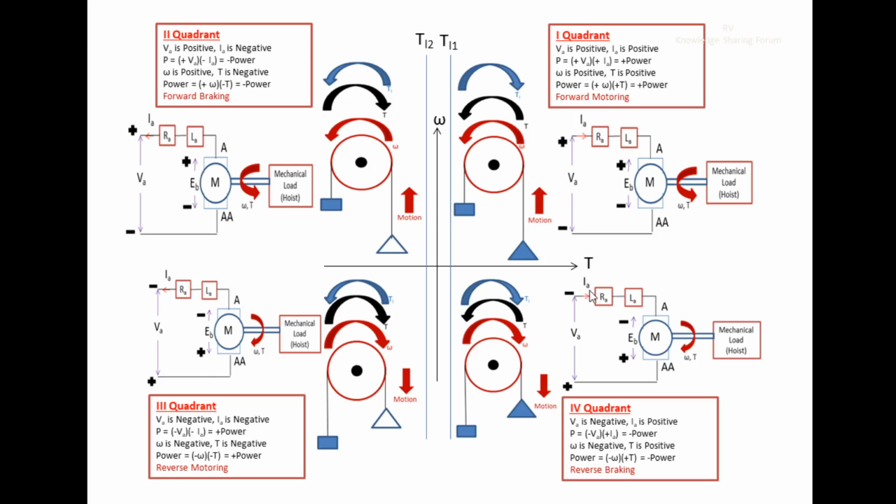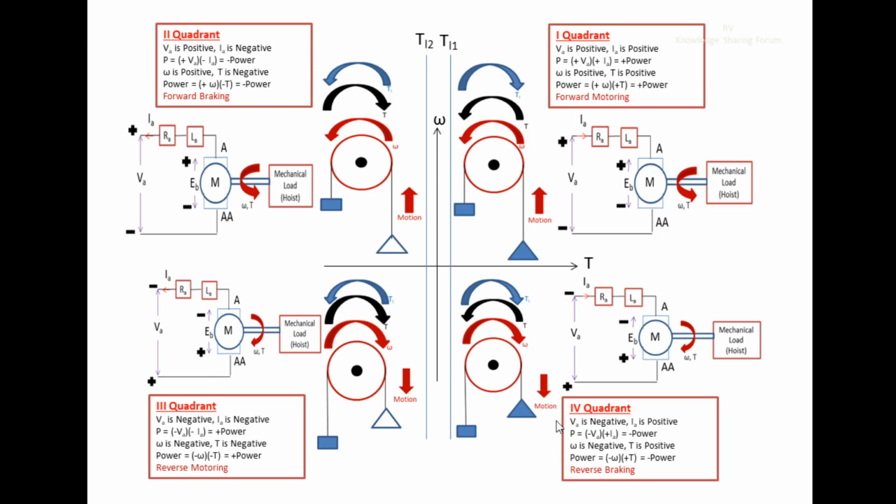By reversing this current, the braking torque is obtained, and this braking torque stops the motion of this loaded cage. So this is called reverse braking, because here the speed is reversed when compared to the second quadrant. See here it is in the counterclockwise direction, whereas here it is in the clockwise direction. Therefore it is reverse. And here we are stopping the motion by applying this braking torque. Therefore it is braking.